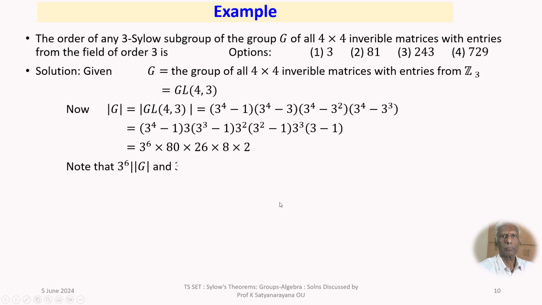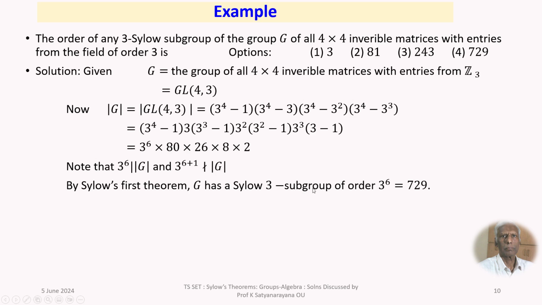So note this one. Therefore, by Sylow's first theorem, G has a Sylow 3 subgroup. What is the order of the Sylow 3 subgroup? 3 power 6, that is 729. So what is asked of us?